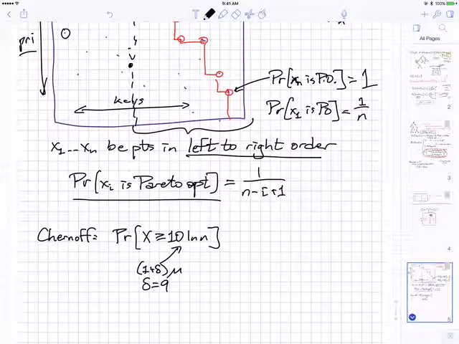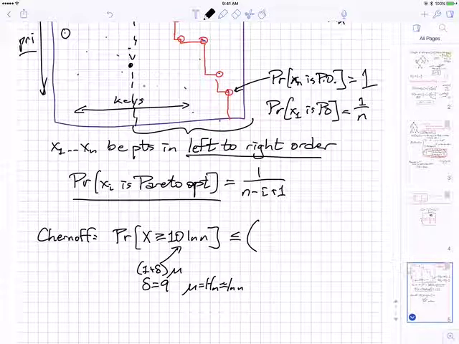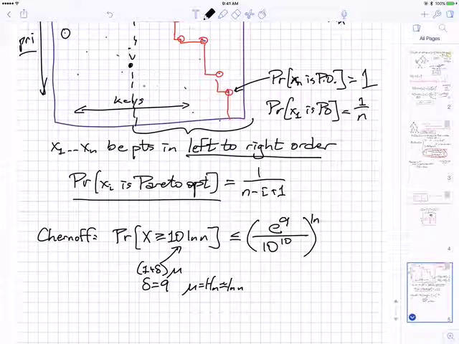So delta here is 9 because mu is Hn, which is about log n. This is at most e to the delta over delta plus 1 to the delta plus 1, to the mu power. And this is n to the minus constant. 10 is 1 plus delta.